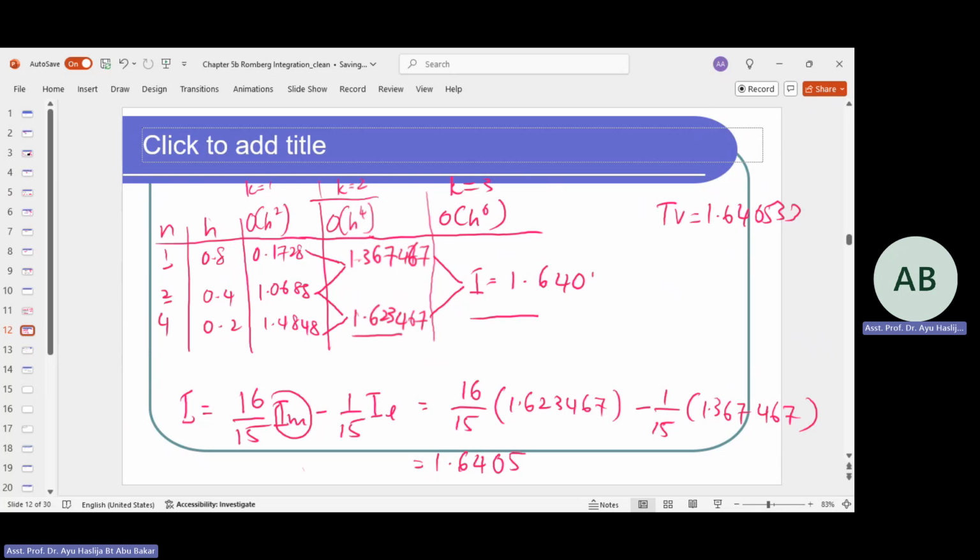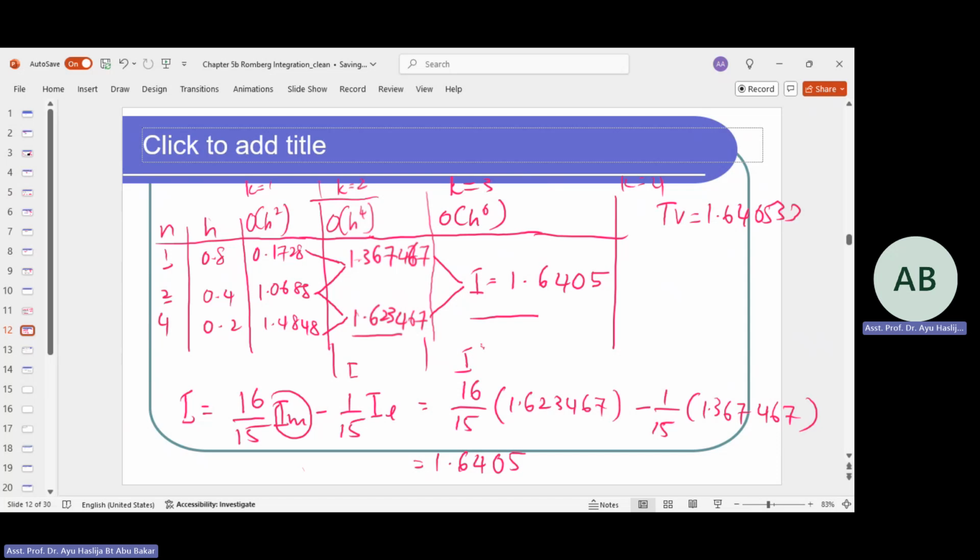So now you get that exact true value. If you move forward to K level 4, you will get the same value. If you want to move forward to K level 4, you need another value down here, because you need two values to move to another level. So if you move to K level 4, you will need another value down here, which then you will need another value down here as well.